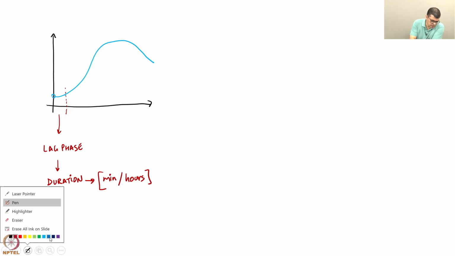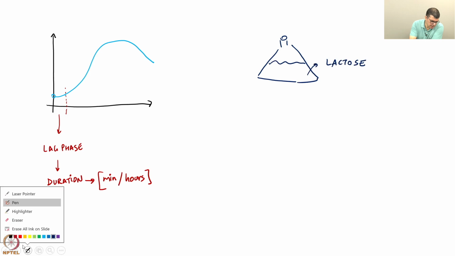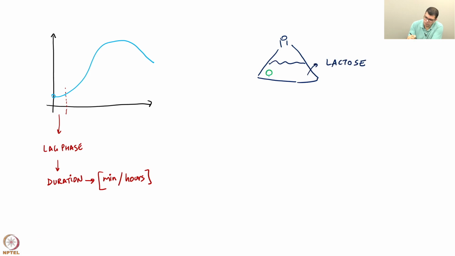What you should note at this point is that suppose I have a flask and this flask contains lactose as the carbon source. In that case, when I seed this with one bacterium, if this one bacterium is coming from an environment where it was growing on lactose, then because in the previous flask it was growing on lactose, it already had LAC-Y already present in it and also LAC-Z.